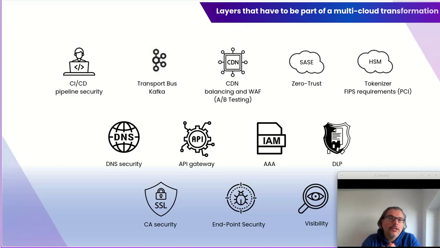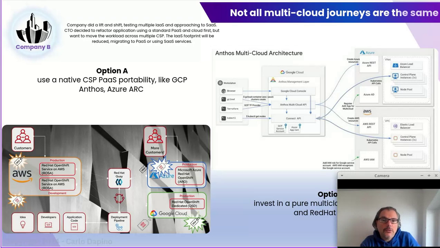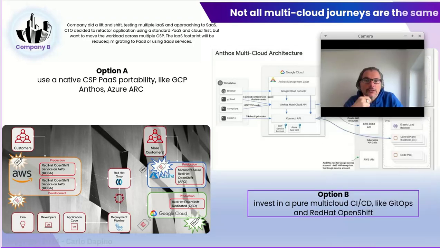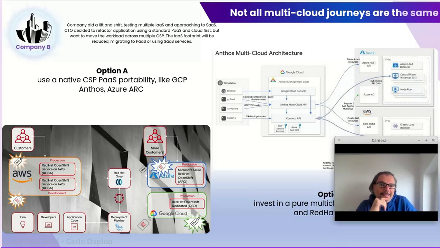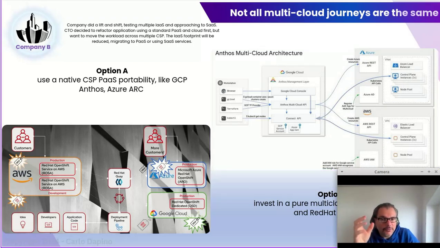But for sure, as I explained in this slide, there are multiple options on how you can think about portability and multi-cloud. And option B was the one where I was talking about focusing on the pipeline. So that's clear that whatever you do, in any case, you need to focus on how you automate it and how the pipeline is.